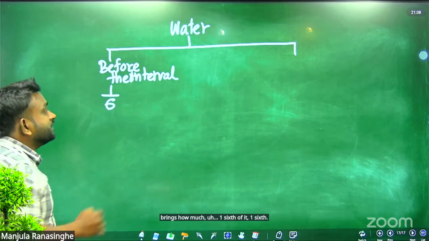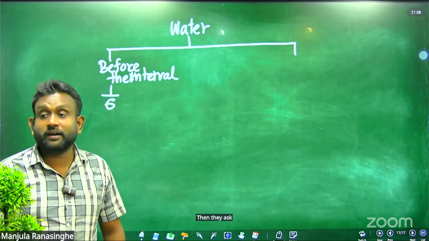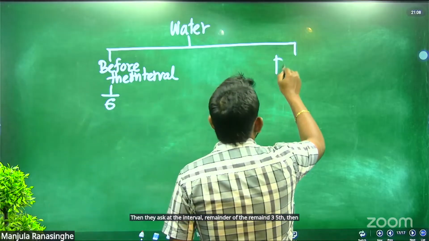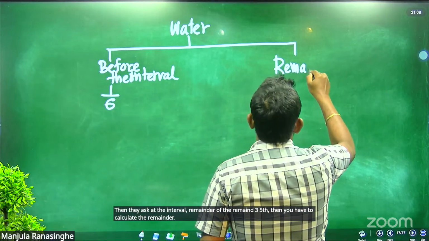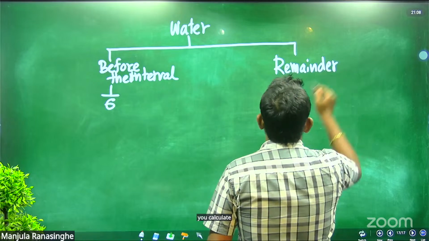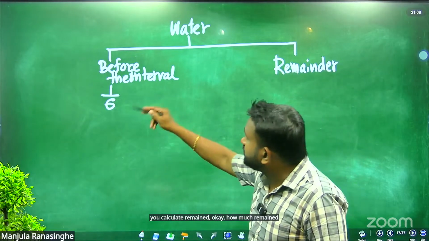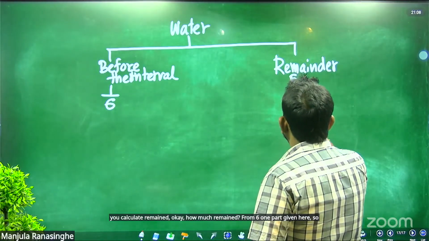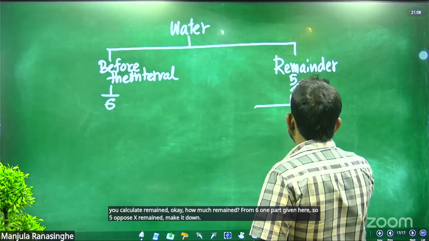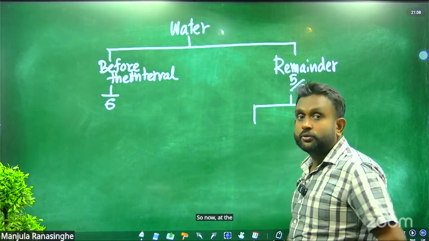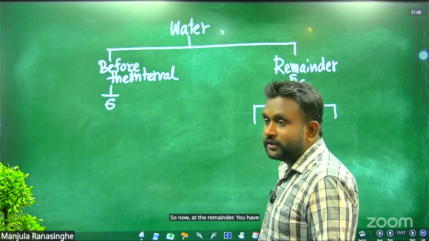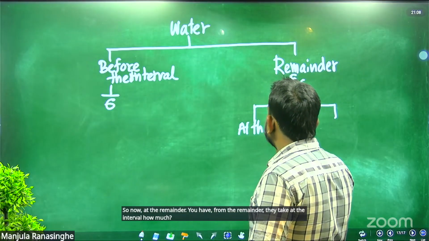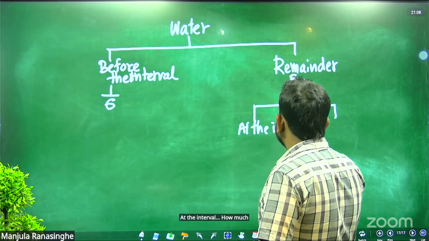Then they ask at the interval, 3/5 of the remainder. Then you have to calculate the remainder. How much is the remainder? From 6 parts, one part is given here. So 5 upon 6 remained. Now from the remainder, how much do they drink at the interval? At the interval, how much are they drinking?